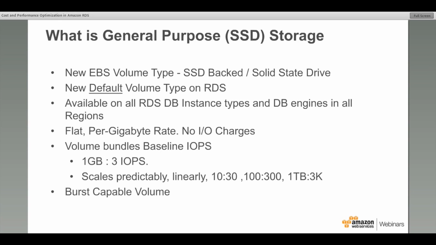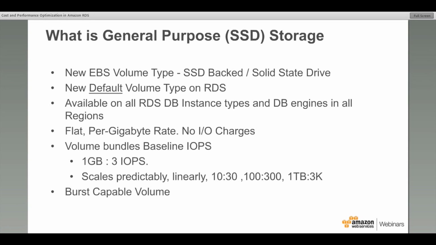So by default today, you'll notice that was launched about 6 months back, which is general purpose SSD storage. It's a new volume type, which is all solid state drives. And importantly, it is the new default volume for RDS. So if I'm starting a new instance type, by default, we will provide the selection for general purpose storage. It's available on all instance types and all databases in all regions.